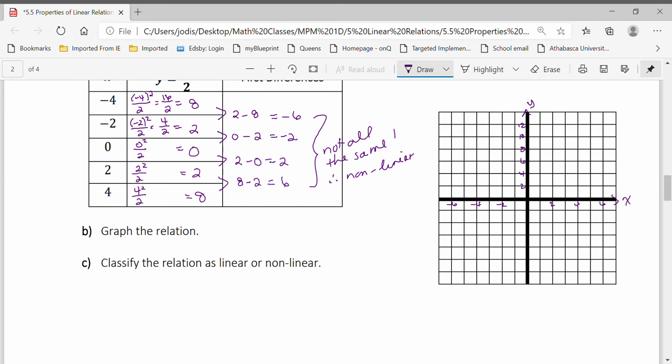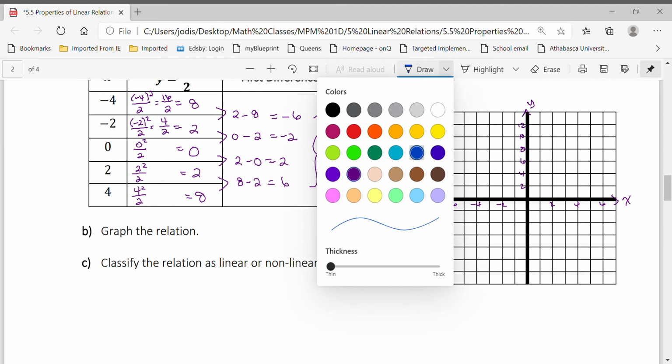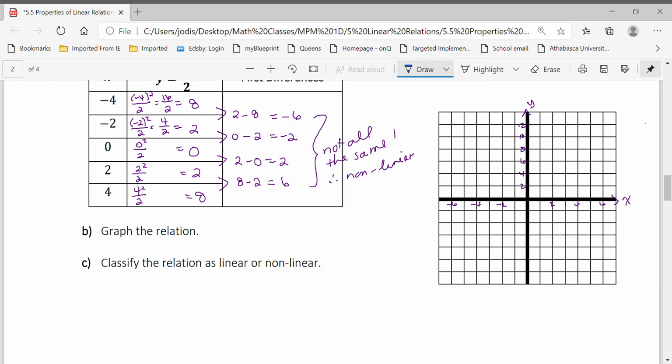I don't have any negative y values, so I'm not even going to bother writing them in there, just to save some time. So when x is -4, y is 8. When x is -2, y is 2. When x is 0, y is 0. And then we've got 2, 2 here, and 4, 8.